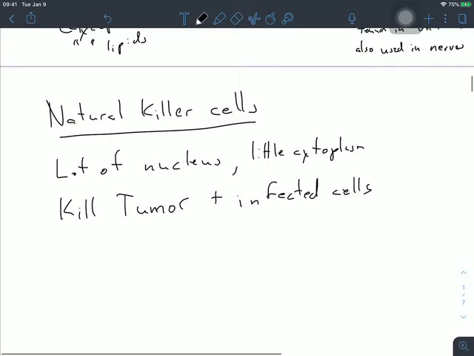These natural killer cells are identifying their targets using something called the major histocompatibility class protein.